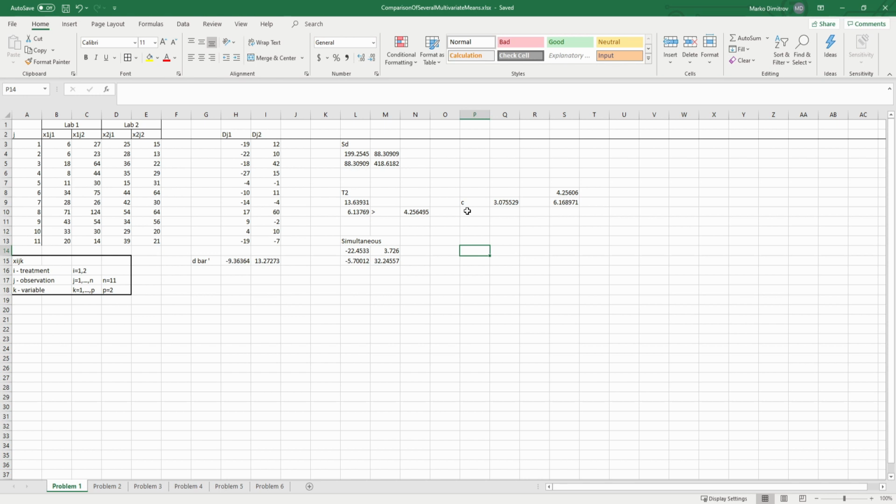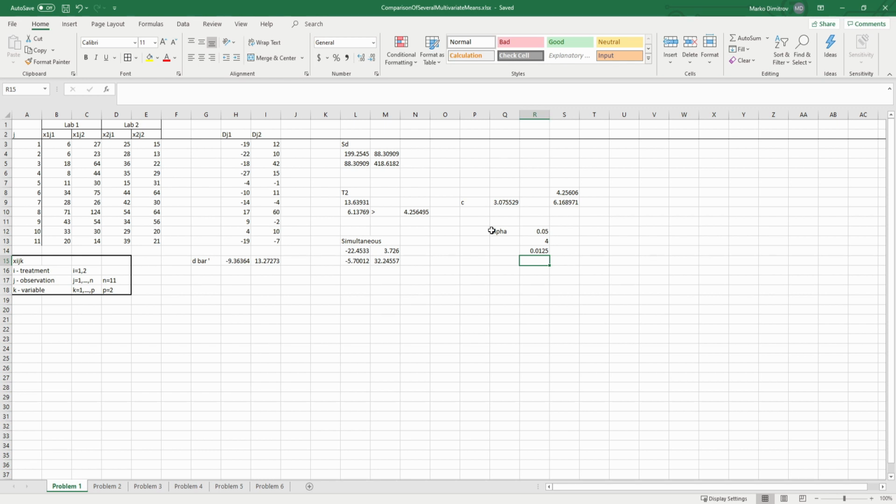We need our t-value for the same 0.05, but because it is Bonferroni and we have two variables, we need to divide our alpha.